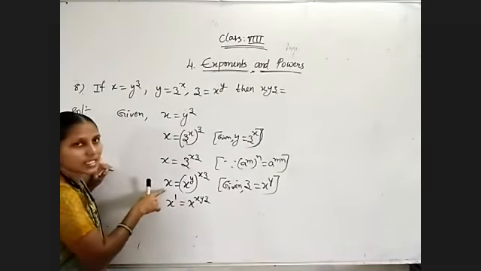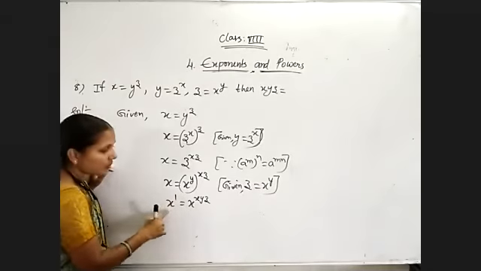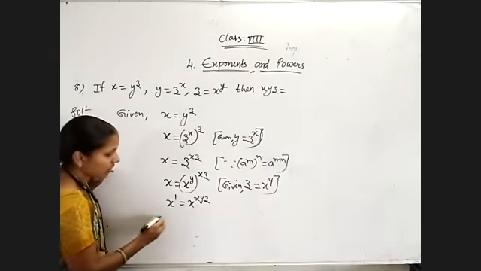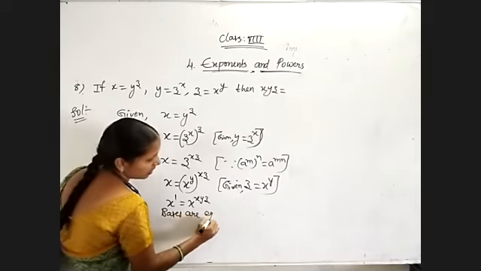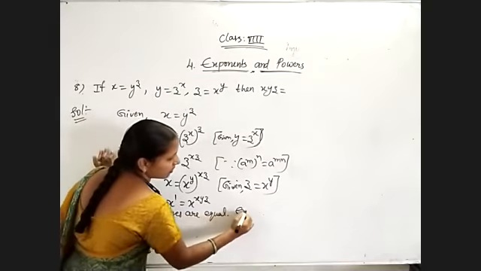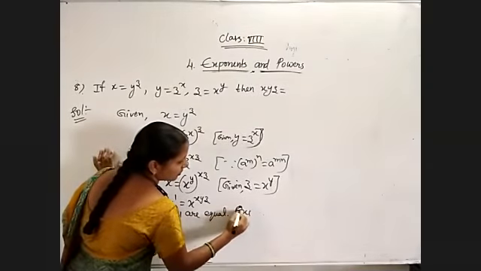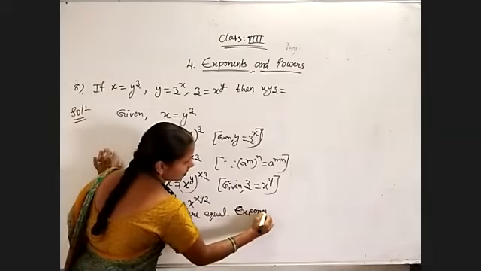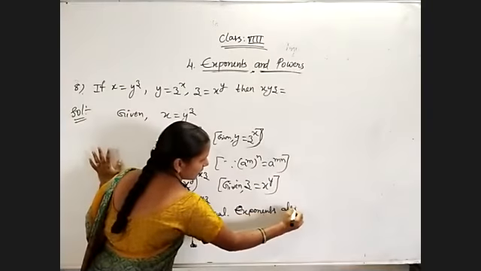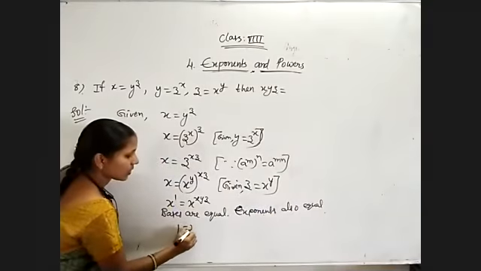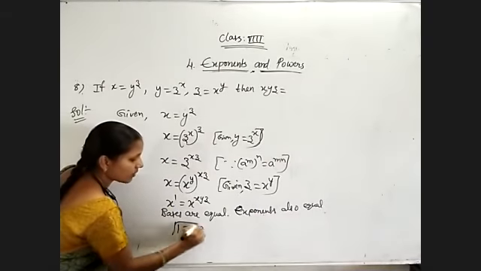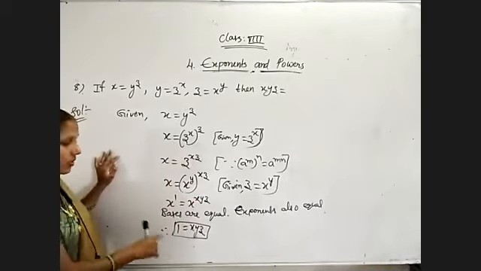Here at the left side I have x power 1, bases are same, so exponents are also equal. That means 1 is equal to xyz. So we need the xyz value only. So xyz is equal to 1.